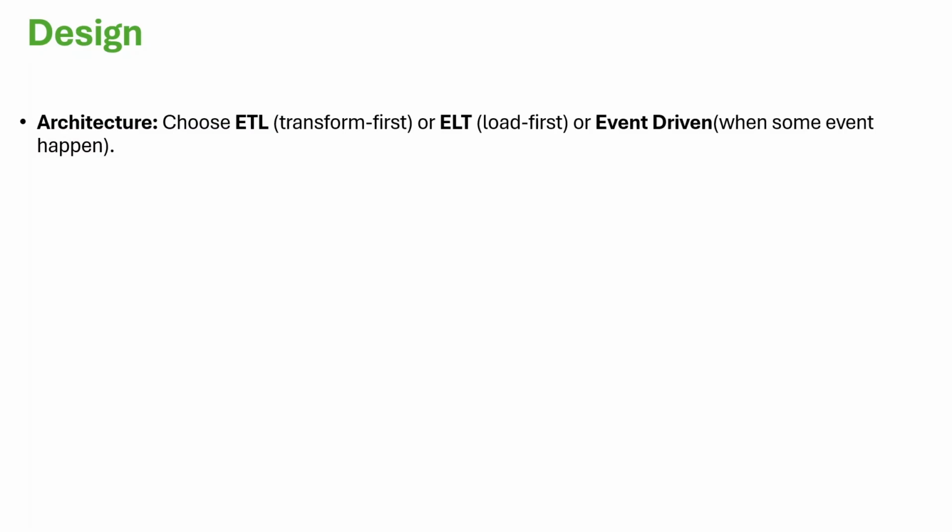So first is architecture. We need to choose whether we are going to create an ETL, where we are extracting, transforming and loading the data, or the modern ELT pipelines, extract, load, transform. Or it can even be an event-driven architecture, where some event happens and then triggers the whole pipeline.